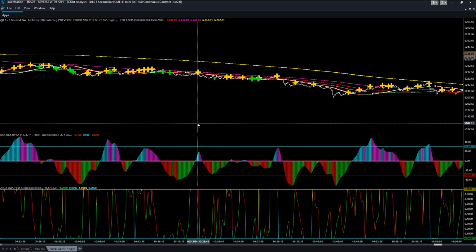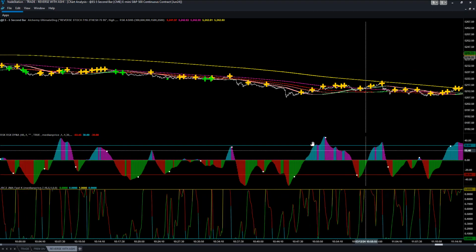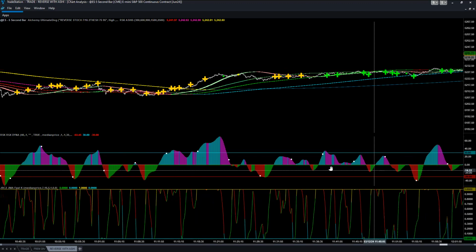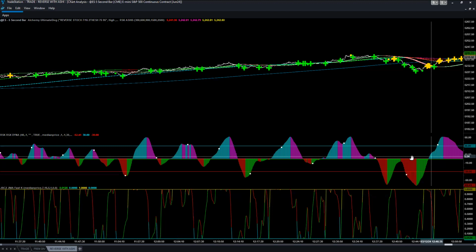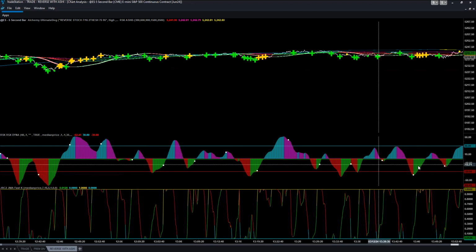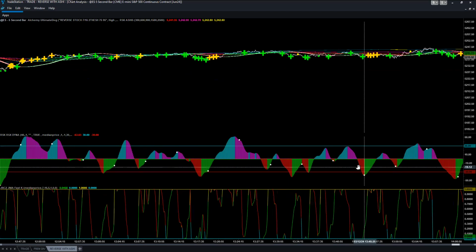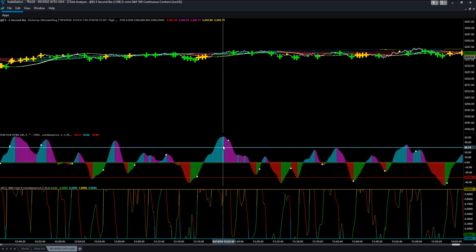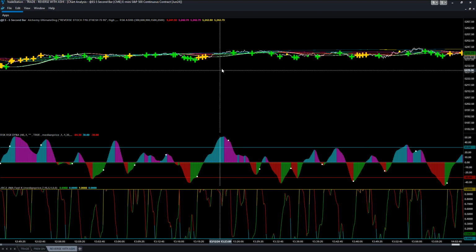And this is a little bit more of a challenge right in here. That's pretty well going sideways. But this might be a good example, yeah. Right in here.